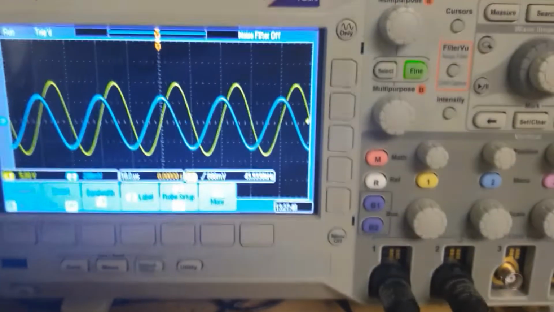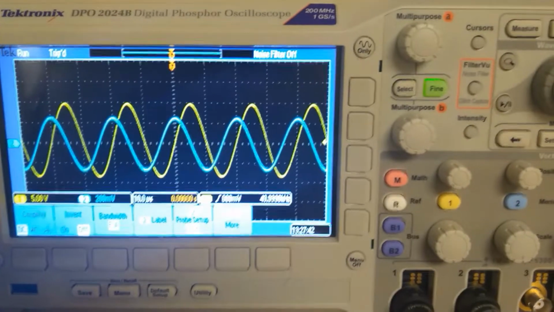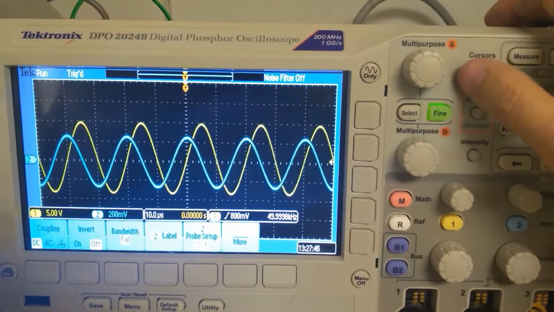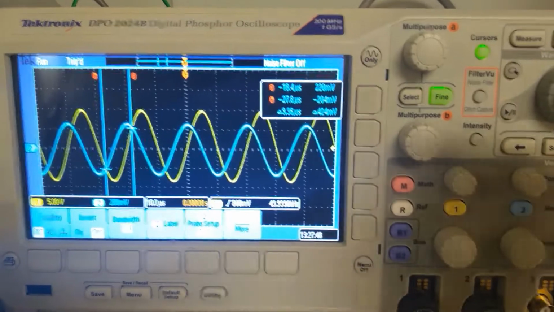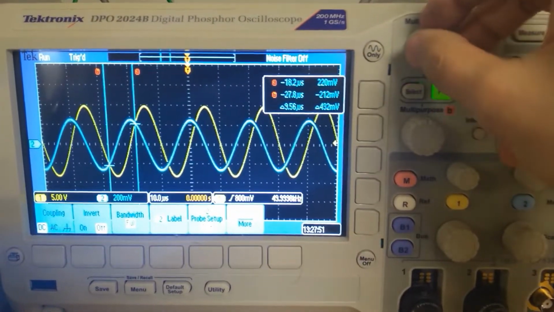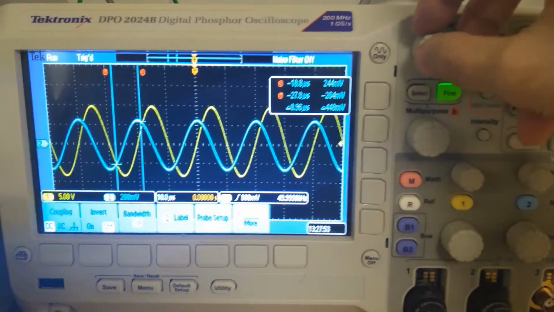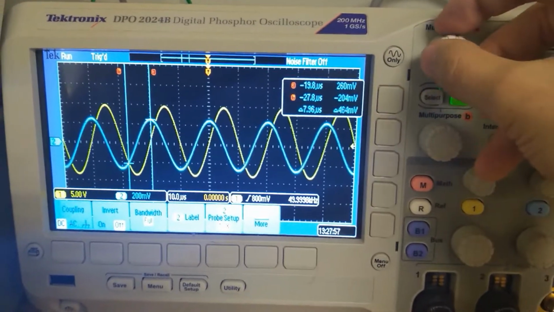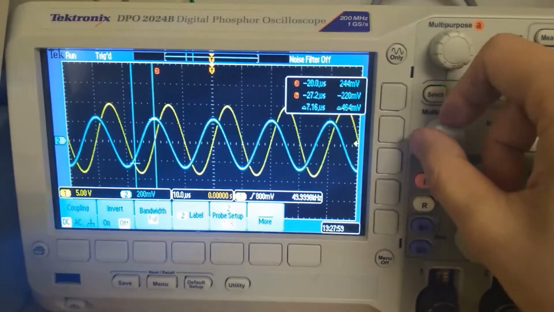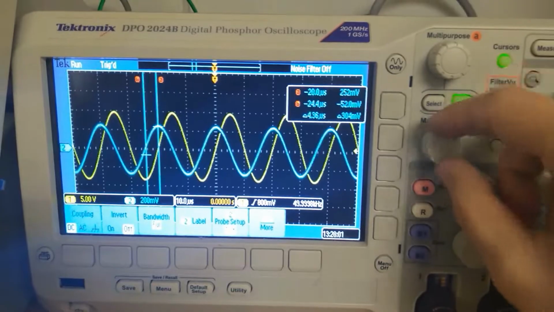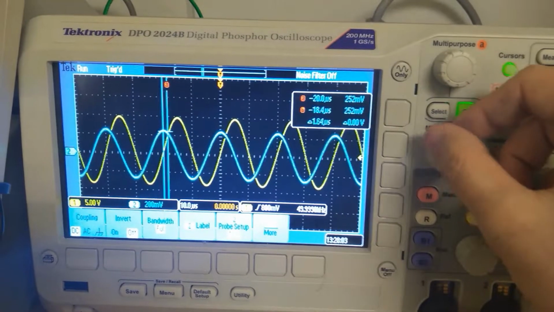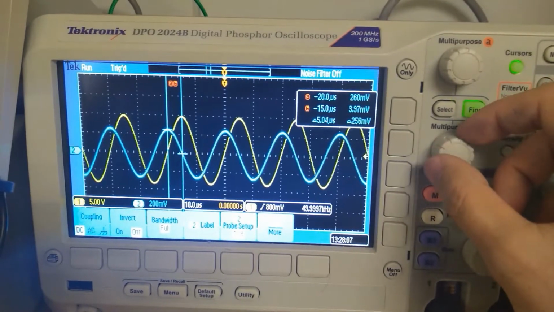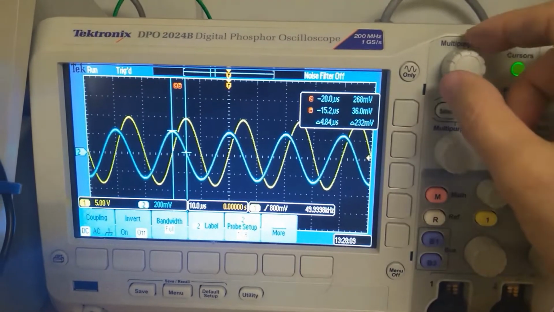So to measure the time difference, we need to again use the cursor. To measure the difference between these two signals, we want to put the cursors at consecutive peaks of these two signals.